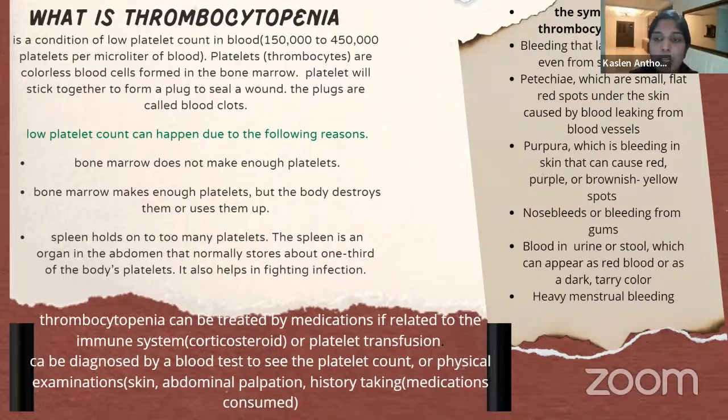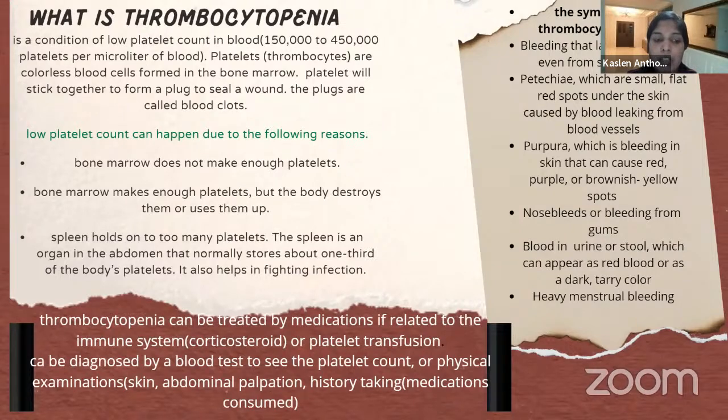Nosebleeds or bleeding from gums. Blood in urine or stool, which can appear as red blood or as a dark tarry color, and also heavy menstrual bleeding.